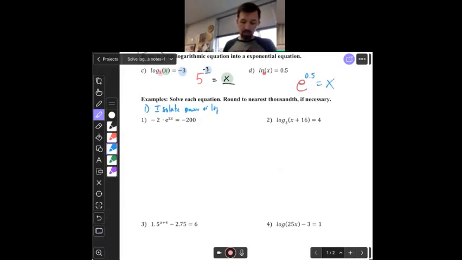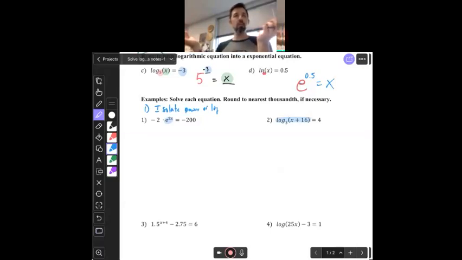I've got to be able to identify that. So here's my power, right? What's over there with that power that I need to worry about getting rid of? Or here's my log, and recognizing that the 16 is in the log, it's part of the log, so I can't pull the 16 out of it. For one, I have some work to do, I have something on that left side with the power, whereas for two, the log is by itself, so I don't need to do anything.